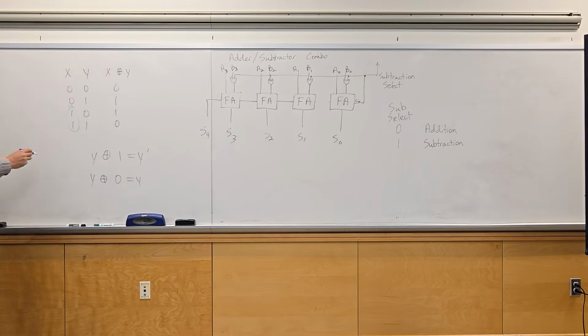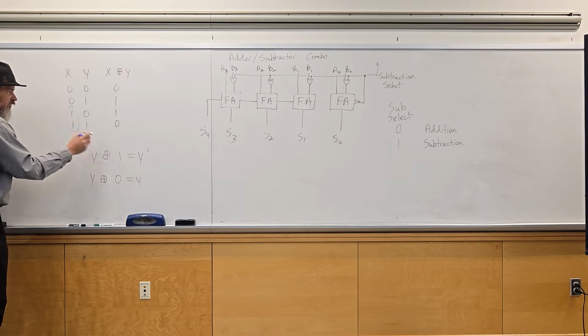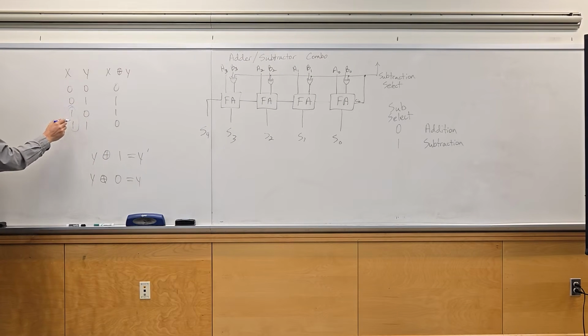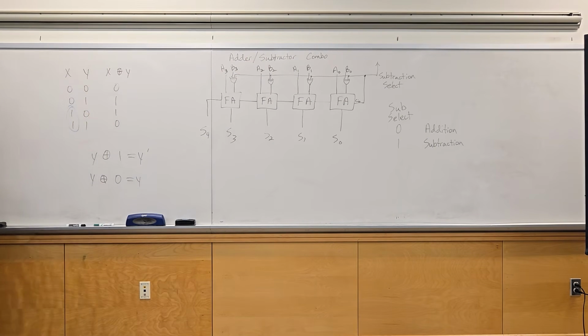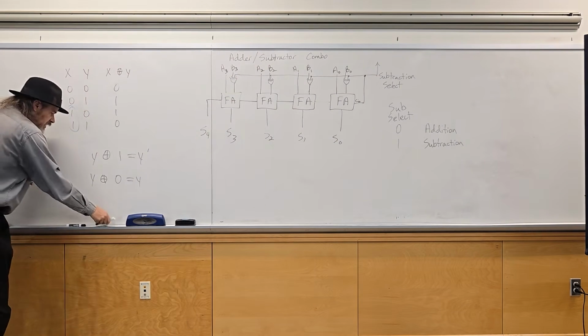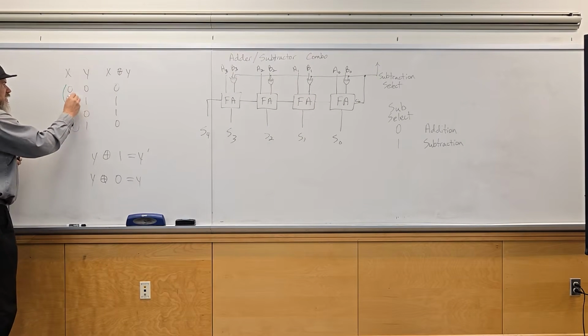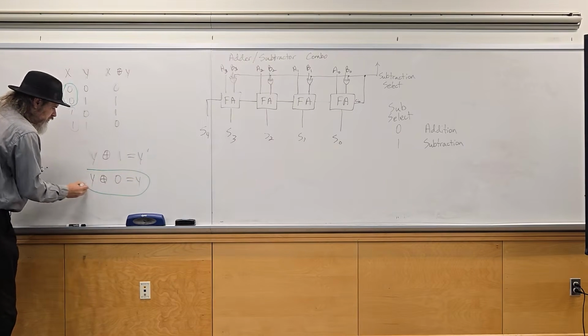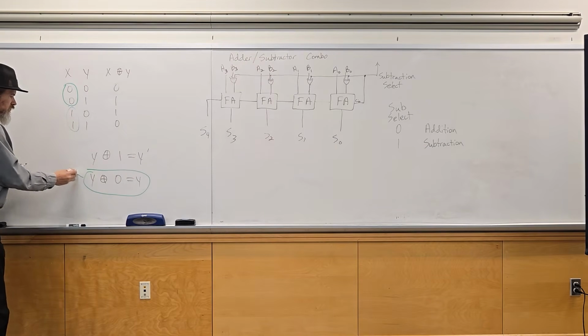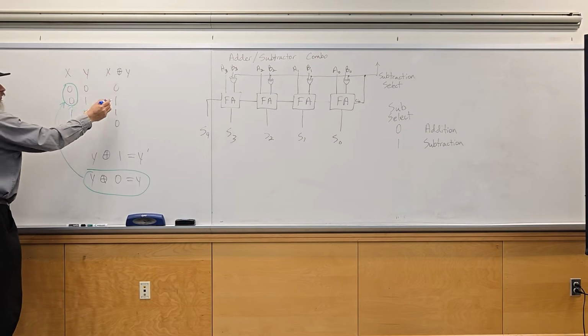Yeah, y exclusive OR with 1 is going to be the inversion of y. See? Whereas with green, if you're exclusive ORing y with 0, the result matches y.